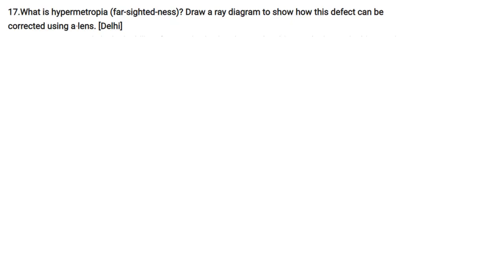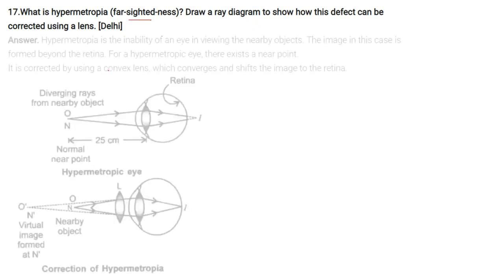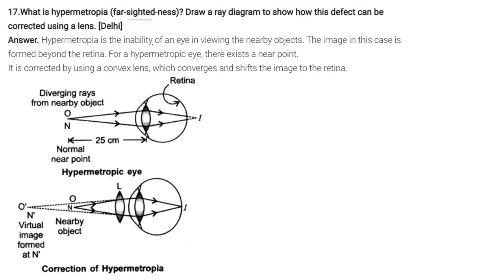What is hypermetropia, or farsightedness? Draw a ray diagram to show how this defect can be corrected using a lens. Hypermetropia is the inability of an eye to view nearby objects. The image in this case is formed beyond the retina, and for any hypermetropic eye there exists a near point, and it is corrected by using a convex lens.